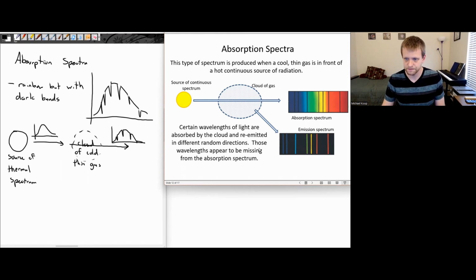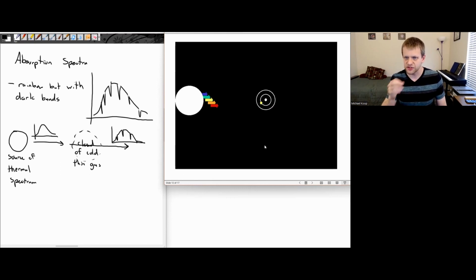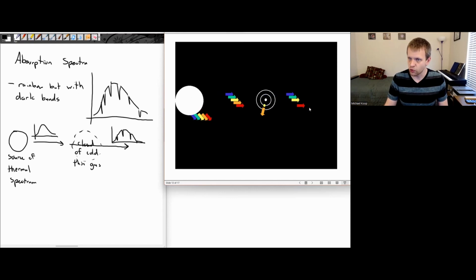I think this little animation is the best at demonstrating what's happening. Let's say this is an atom that's really good at absorbing orange light. All of the colors are being given off by this original continuous source of light. When all of these colors of light go through this atom, it preferentially absorbs the orange light.